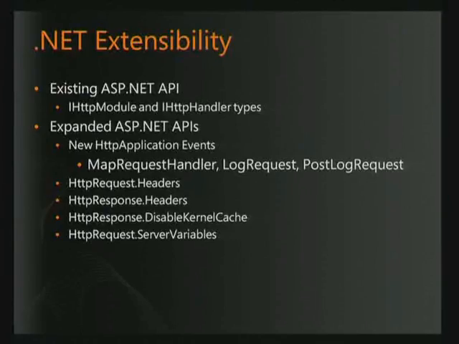In the past, you could only read the headers that were coming from the client. Now you can actually tweak them, and you can insert your own headers and remove existing headers if you care to do that. There were a lot of people, by the way, that used to write C++ ISAPIs just to tweak server variables and headers. You no longer need to do that. You can do that from managed code. We also added the ability to disable kernel cache, and also server variables, which I already talked about.